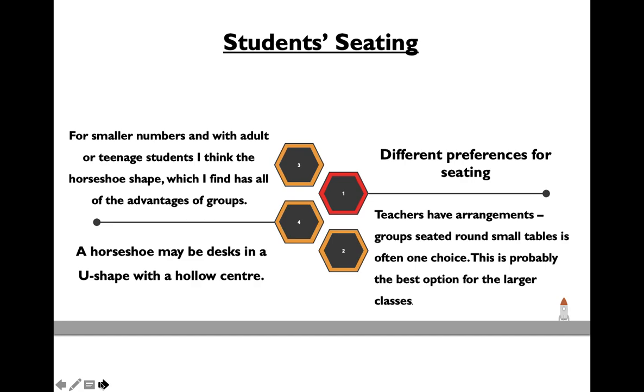Sometimes you find this arrangement in workshops, and depending on the lesson you can choose. There are different preferences for seating.